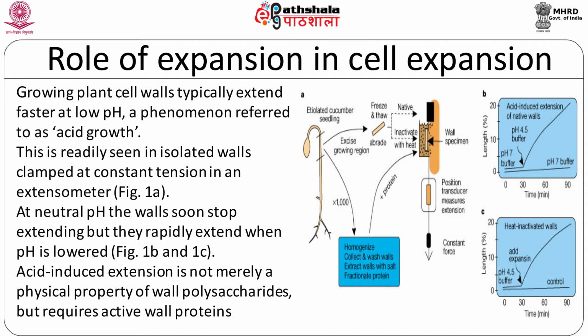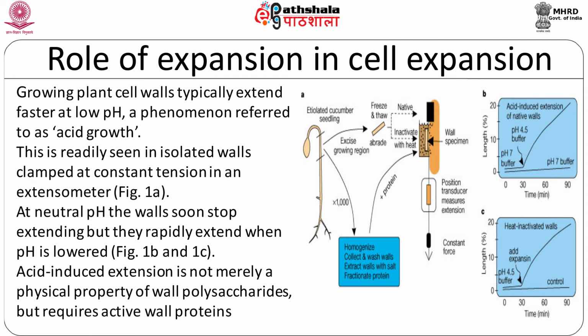This is easily seen in isolated walls clamped at constant tension in an extensometer, that you can see in figure number 1. At neutral pH, the walls soon stop extending, but they rapidly extend when the pH is lowered.